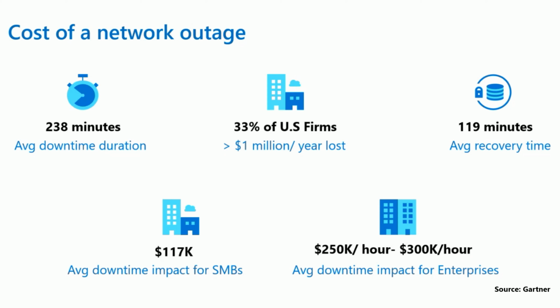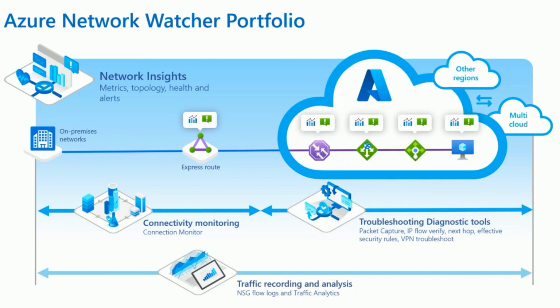Connection Monitor is part of the Network Watcher portfolio. It allows you to set up connections between one endpoint and another and monitor it. That endpoint could be an Azure Arc agent connected on-prem, trying to communicate to a resource in Azure, and you can use Connection Monitor to do that as well.